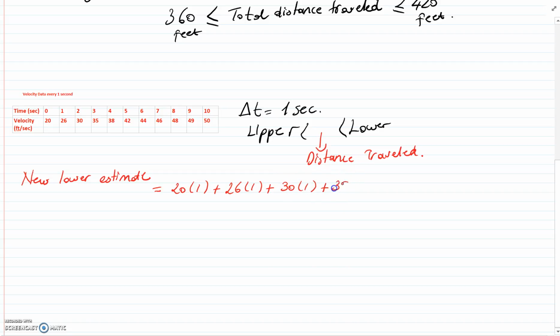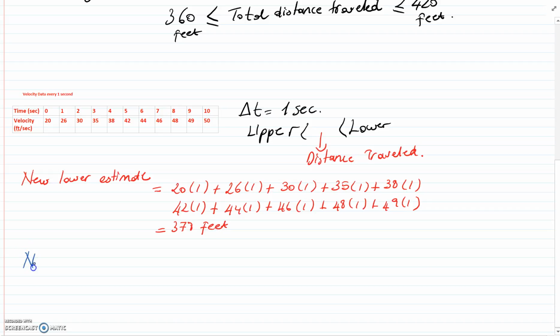Okay, 35 times 1, 38 times 1, 42 times 1, 44 times 1, 46 times 1, 48 times 1, and 49 times 1. So it's going to be 378 feet.